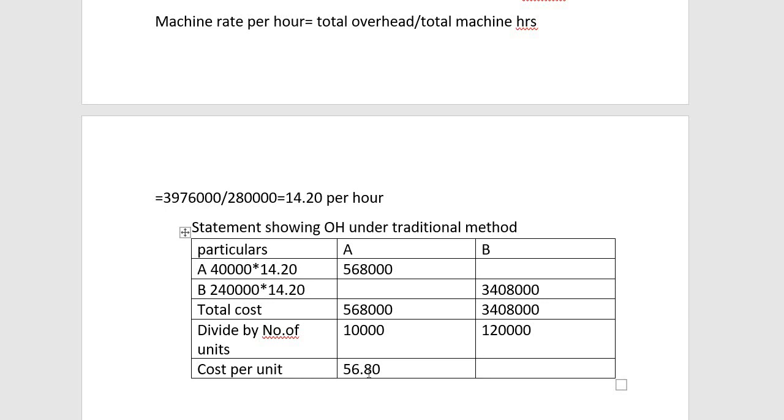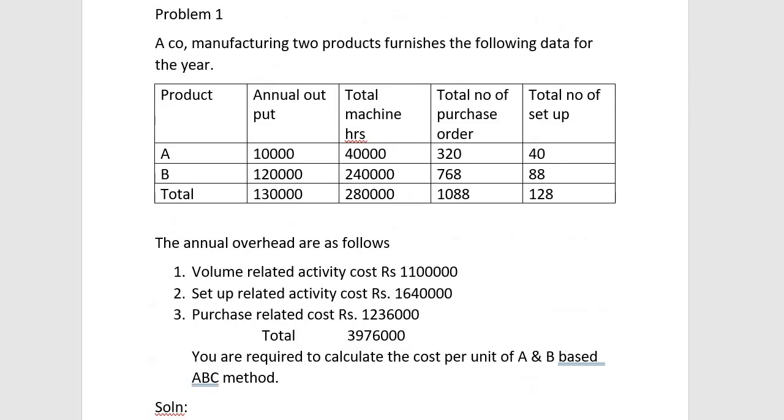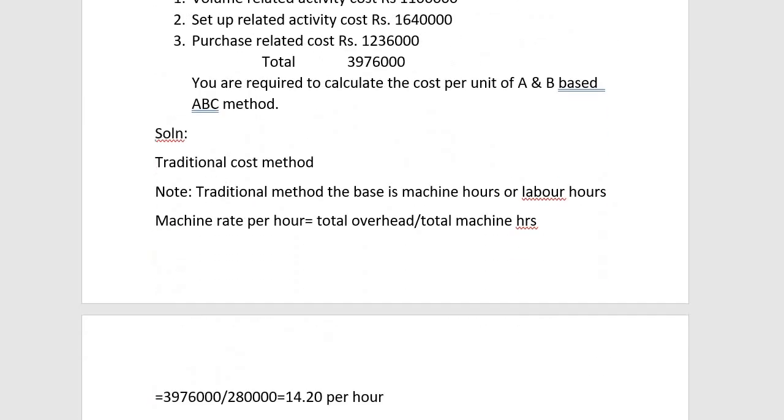Next 34,08,000 divided by 1,20,000, that is cost per unit is 28.40. So this is how we are going to solve the problem on traditional basis. So for traditional basis, the base is machine hours or labor hours. Now we'll solve the problem on ABC method.